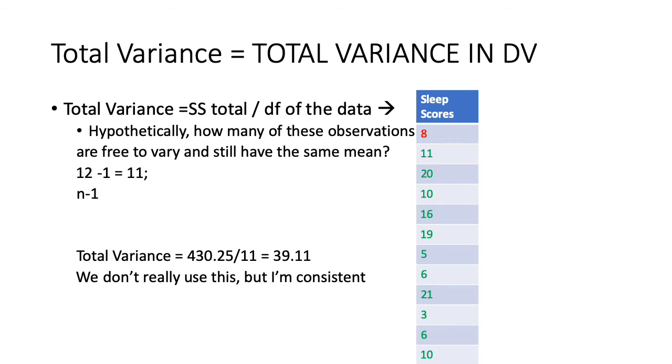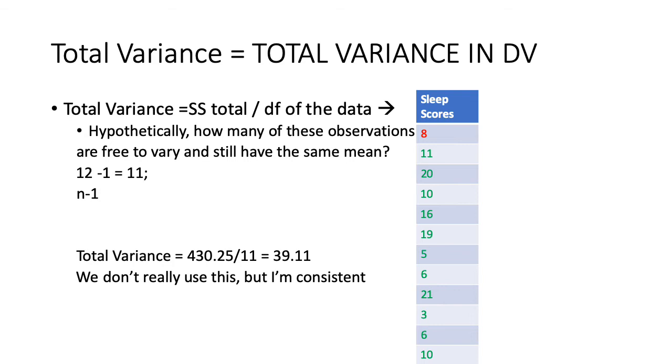This 3 could be 1,000,000,000, and so forth and so on until we get to that last number, which is then fixed to have a specific value that will make the entire data set average out to our grand mean of 11.25 that we calculated earlier. So in this case, for the total variance, the degrees of freedom for the total component is 12 minus 1, or the total number of observations minus 1. So our total variance is 39.11.